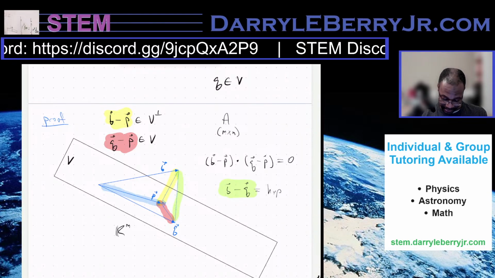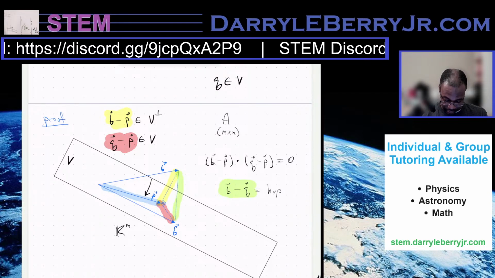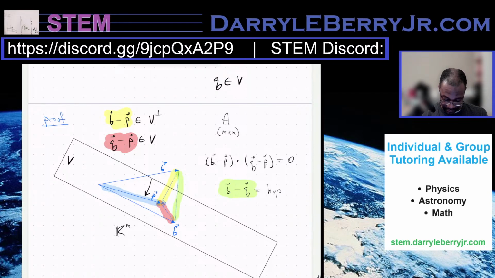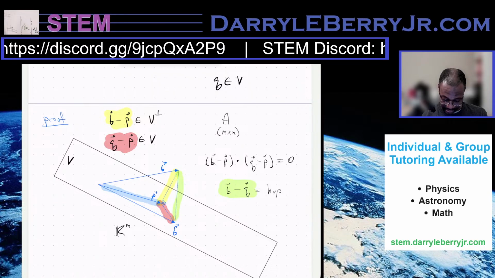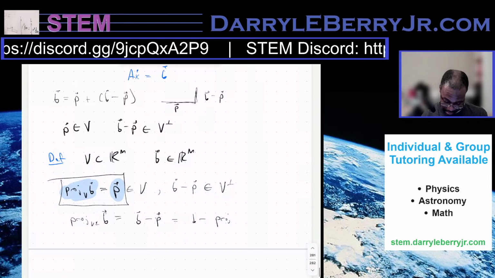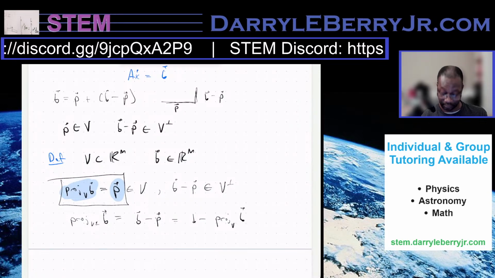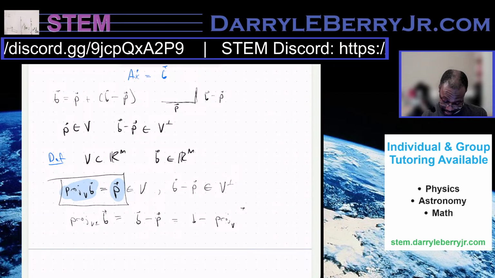So if I project B down onto the subspace, it is P. So it's projection onto the subspace of B, not the perpendicular.